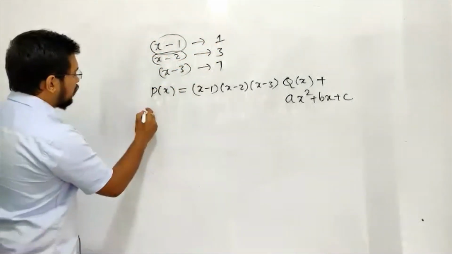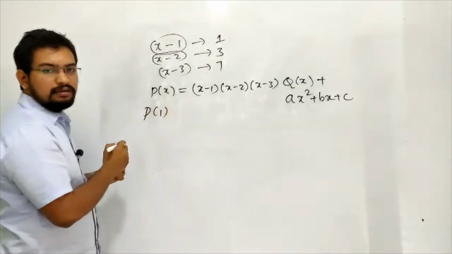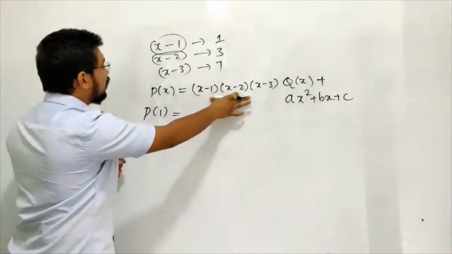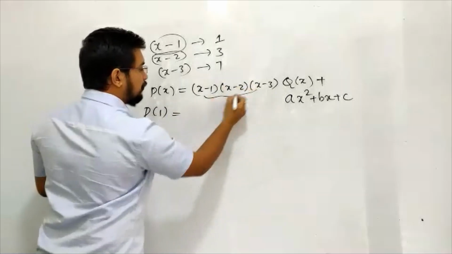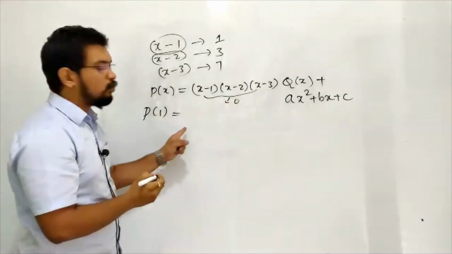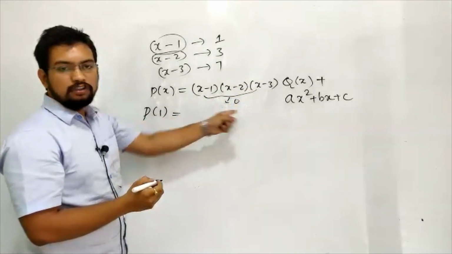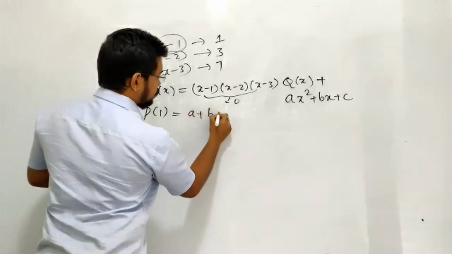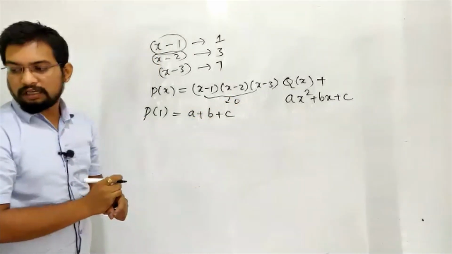So I'll substitute 1 here. If I substitute 1, this part will be tending to 0. So p of 1 is nothing but a plus b plus c.